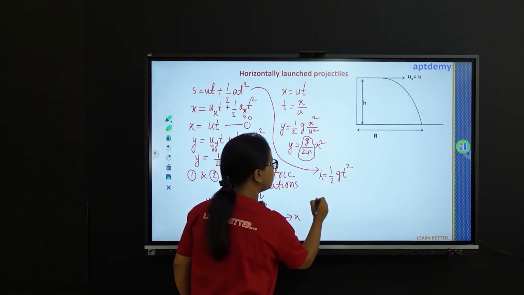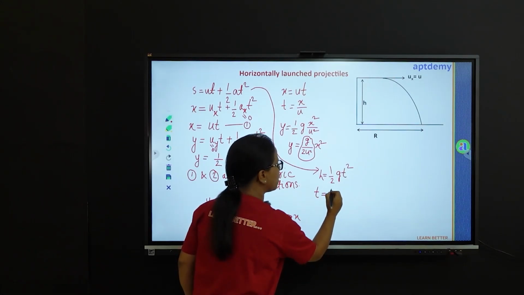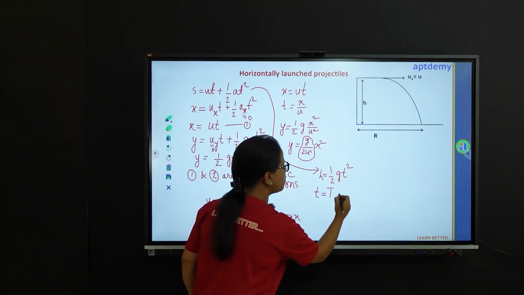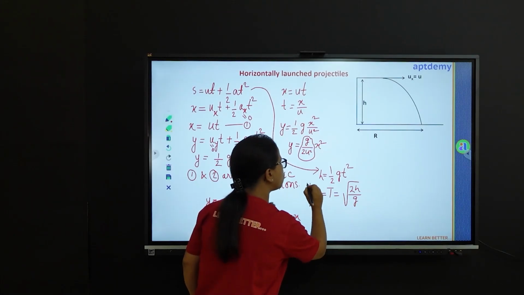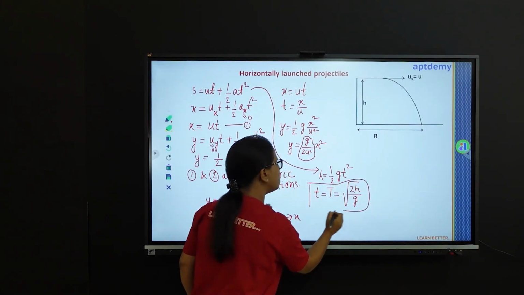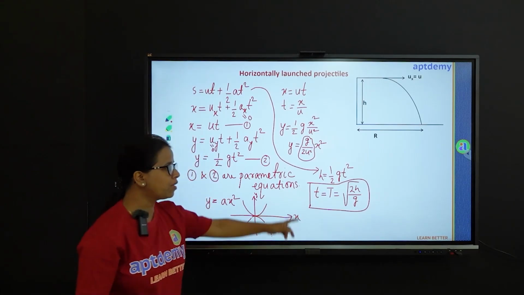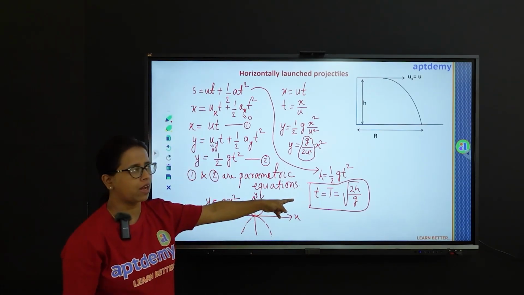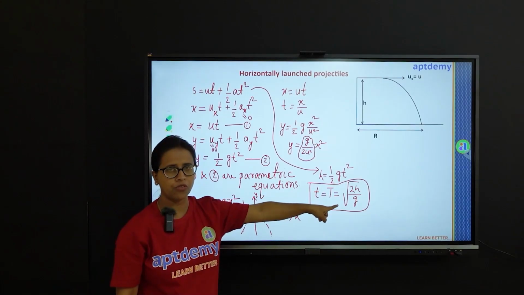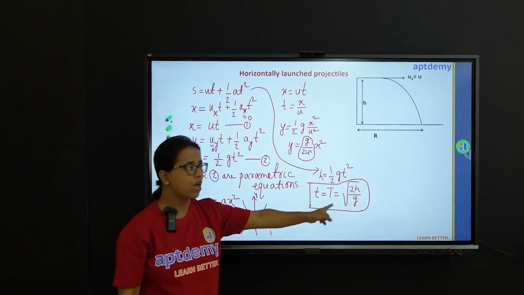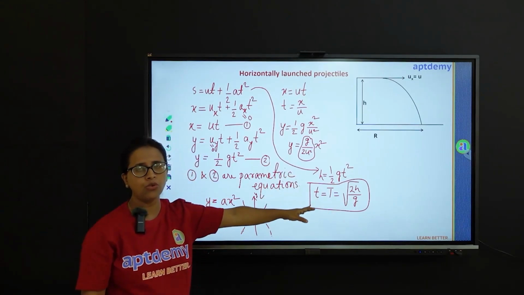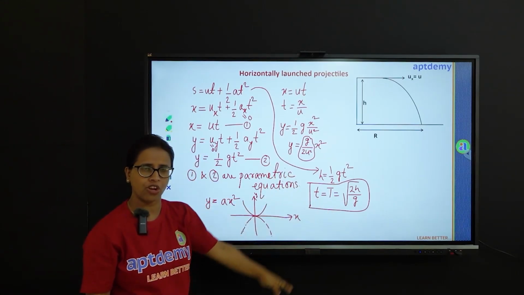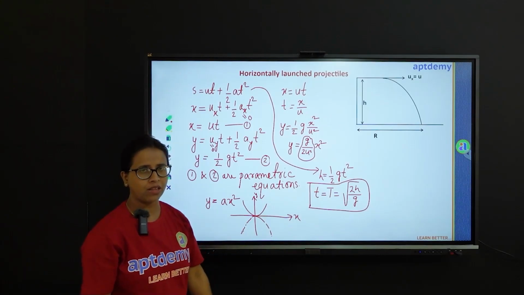We can write t, taking this as capital T, the time of flight, as nothing but root over twice h by g. Now, take note of this formula. It tells us that the time taken by a horizontal projectile to cover its trajectory and hit the ground depends only on the height of the tower. It has nothing to do with the mass of the object. So, this is the time of flight that we have.